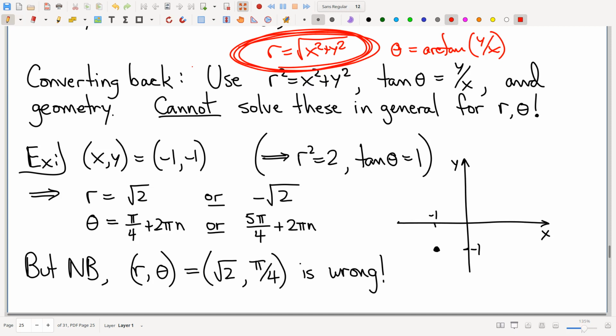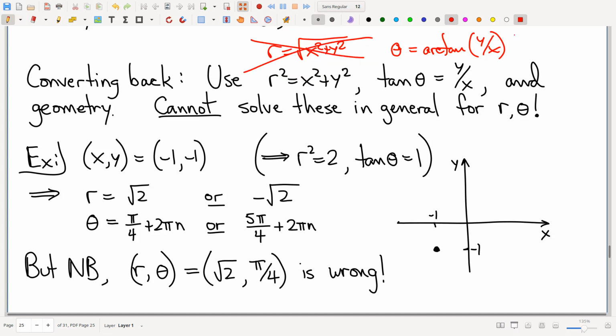This symbol means the positive square root. So if you claim r equals the square root of x squared plus y squared, you are claiming that r has to be positive. That is not true. r can totally be negative. Sometimes r needs to be negative. So this formula is just not true.